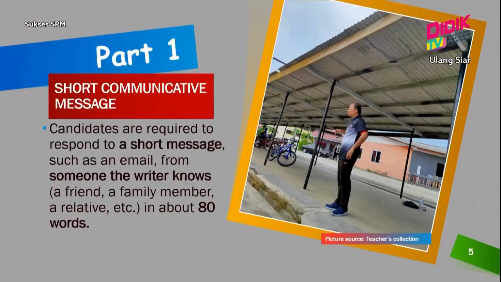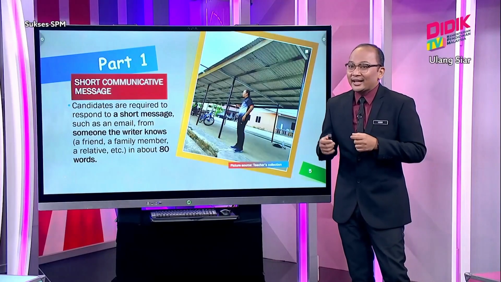For part 1, short communicative message, candidates are required to respond to a short message, such as an email, from someone the writer knows, a friend, a family member, a relative, etc. And this should be written for about 80 words.